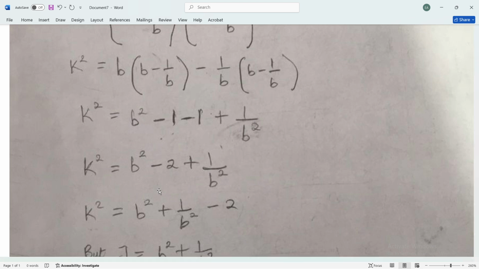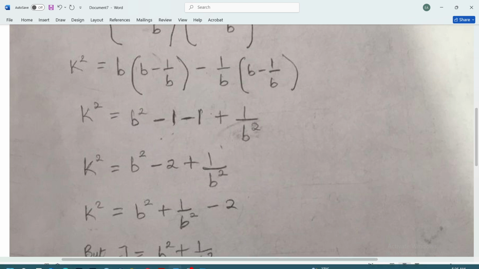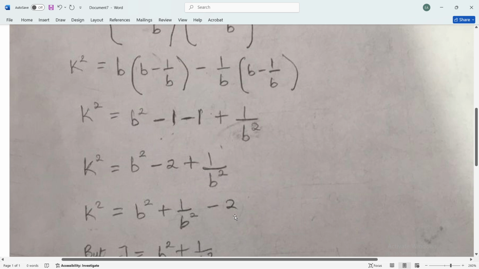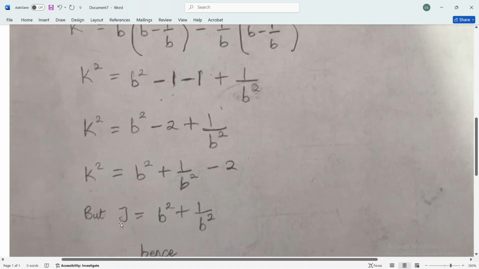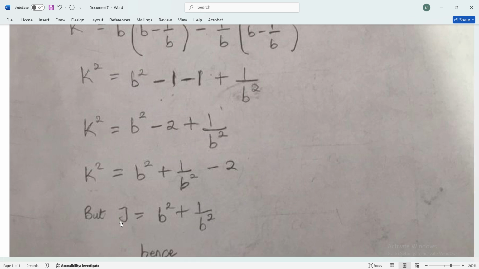So we have to get a similar form with our solution, right? And in order to get b squared plus the fraction 1 over b squared, we have to eliminate negative 2 by moving negative 2, right? So negative 2 here would cross the equal to sign and become positive. As I explained earlier, based on the preamble of our question, we're given our j to be b squared plus the fraction 1 over b squared, right?